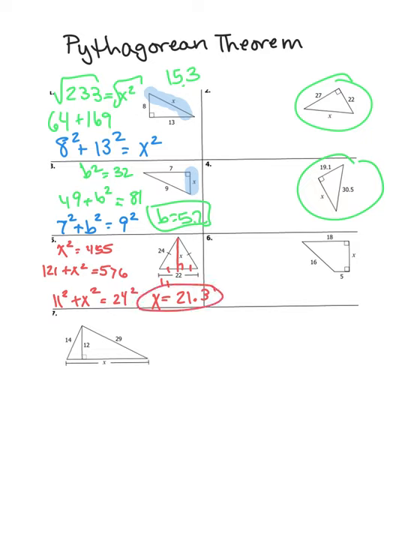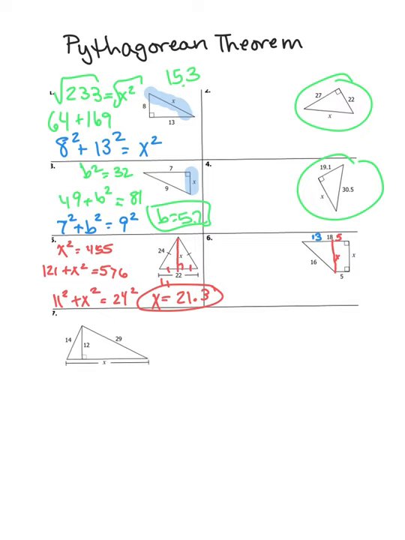Number 6 is a little bit different because I have a trapezoid here. With my trapezoid, my 2 bases are parallel, and it's creating 2 right angles, which is going to help me with that right triangle. The way it's going to help me is I'm going to draw an auxiliary line right here, creating a rectangle. If this is a rectangle, it means this side is 5, and this side is also x. If that side is 5, then 18 minus 5 is 13. And now I have a right triangle with the sides 13, x, and 16.